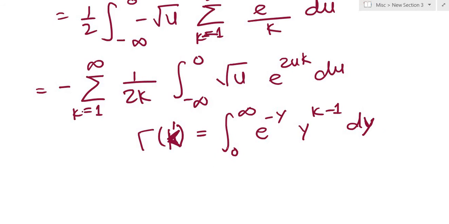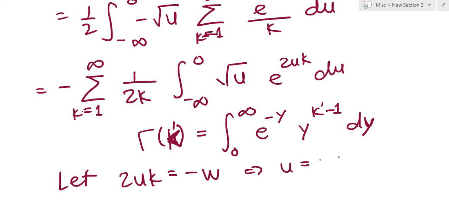So the only thing we need to do over here is somehow change this 2uk to a negative number, and then we might get this form. So let's try and do that. Let's introduce a substitution. Let 2uk equal negative w.